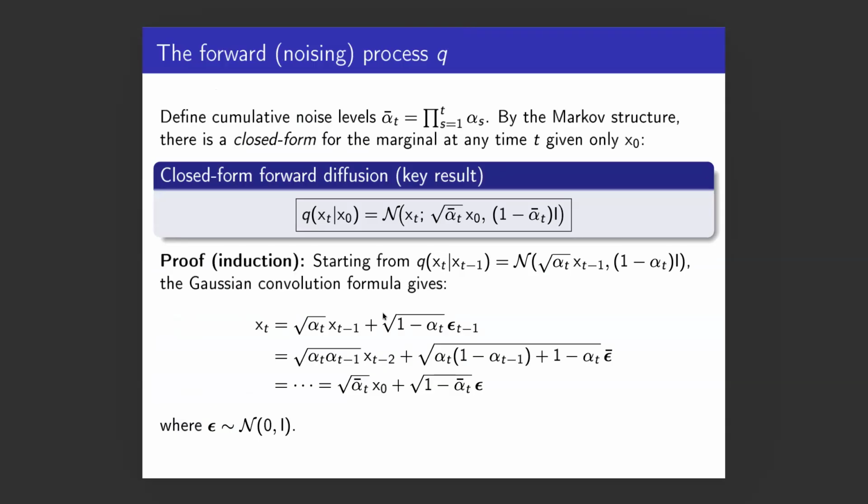When you start from that one, the Gaussian convolutional formula gives you, if you use the standard Gaussian formula, you can see that this is the case for the x's. And epsilon is then just a noise which is added to the system.